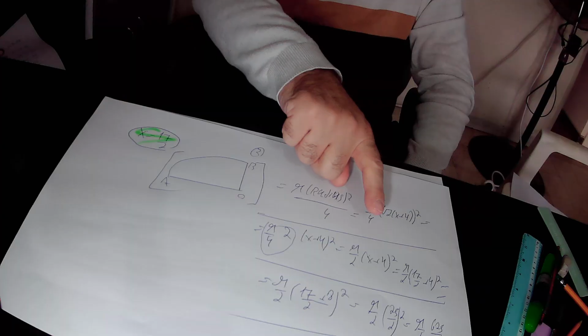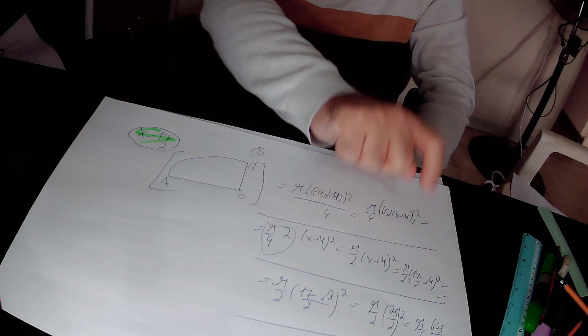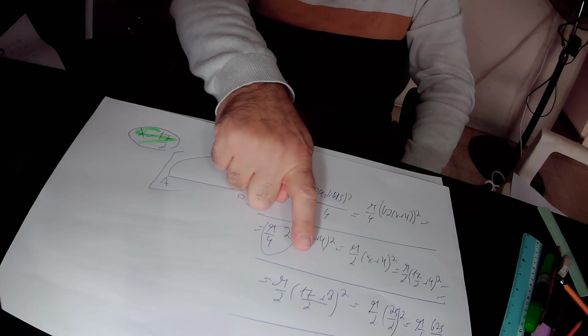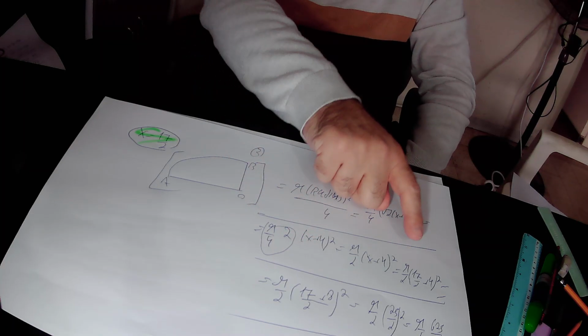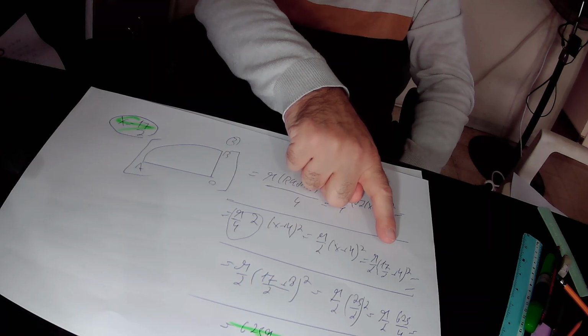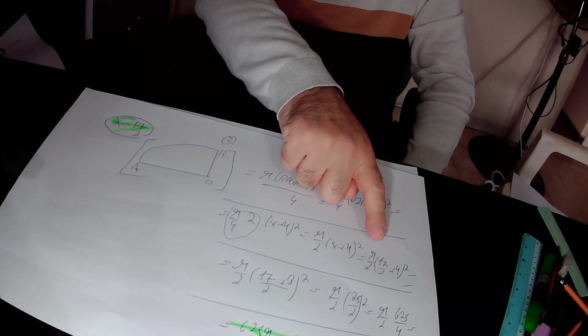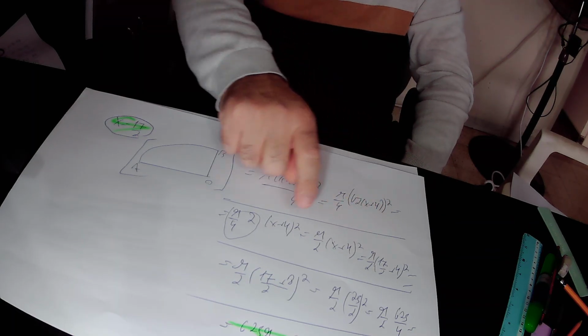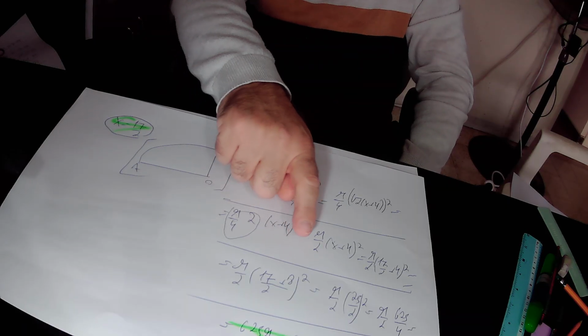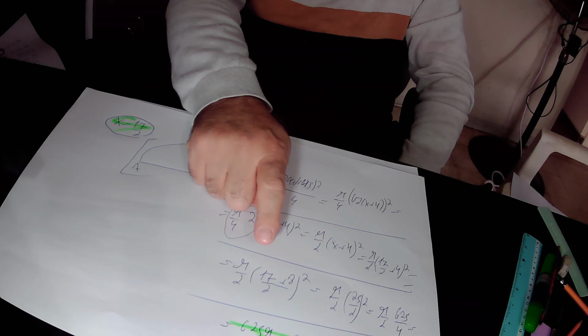So it is pi over 2 and x is 17 halves, plus 4, squared. So it is pi over 2 times (17 halves plus 4) squared. Here we multiply 4 by 2 and then we divide it by 2 in order to have a common factor with this number. So 4 times 2 is 8 over 2.